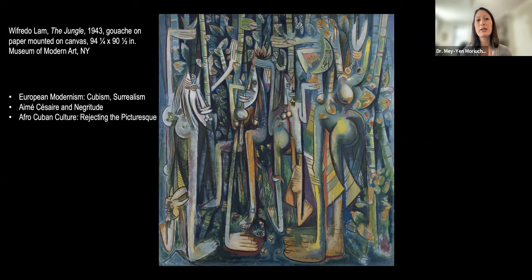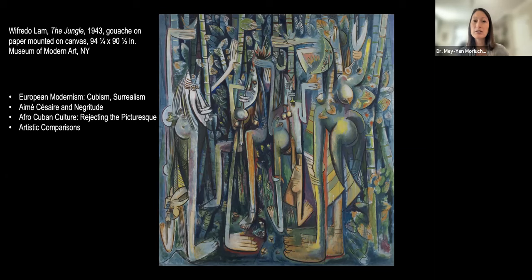But then also, as part of that, his rejection of the picturesque. What was being created artistically in Cuba when he returns after an 18-year stay in Europe is different from what he's trying to achieve artistically.